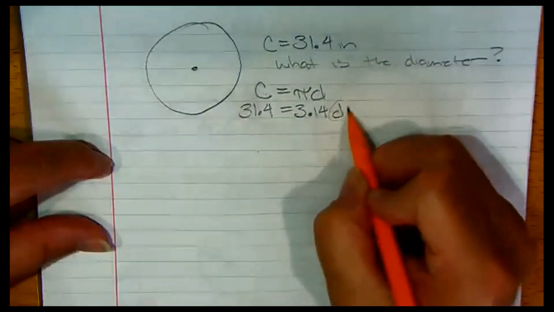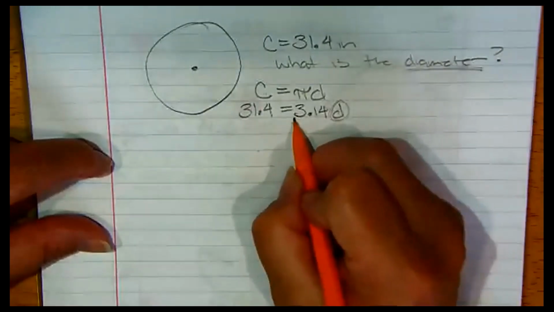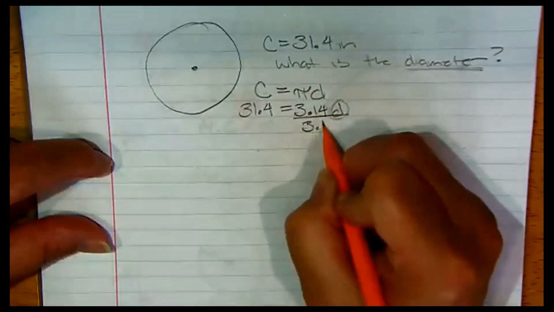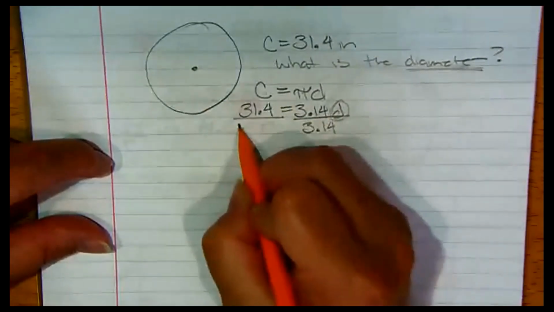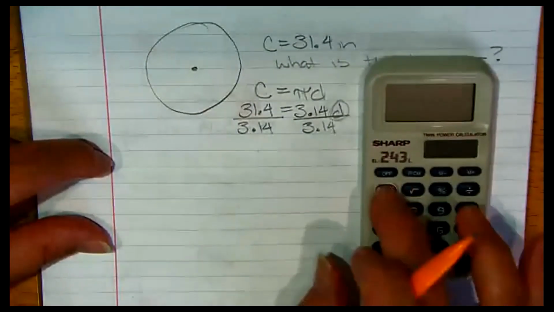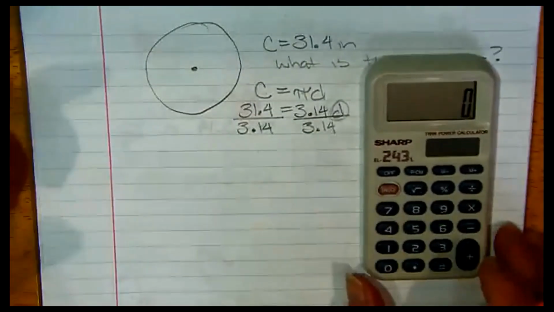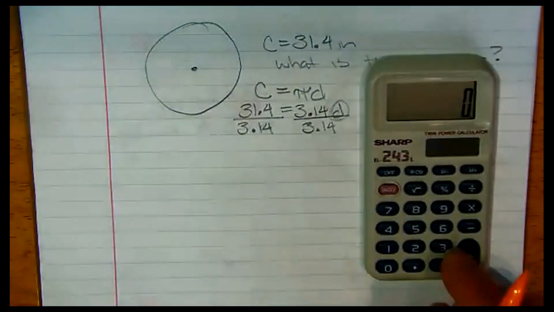I want to isolate the diameter because this is what I'm looking for. So I'm going to divide by 3.14. I'm going to divide by pi. What I do to one side, I must do to the other. And I'm going to use a calculator for this. And remember, on your Chromebooks, you have a calculator.